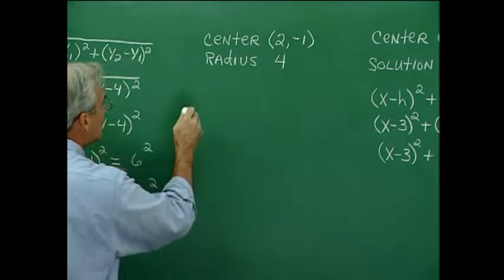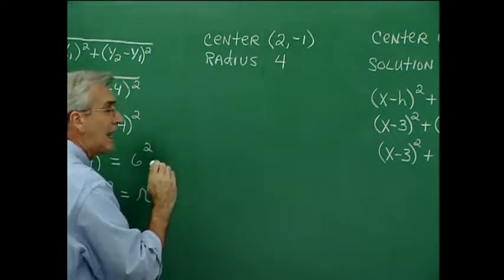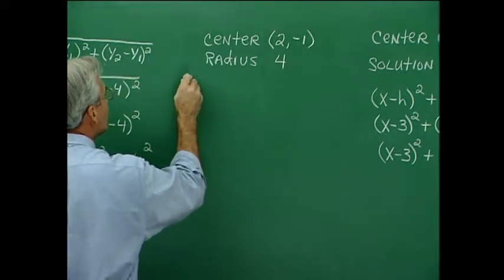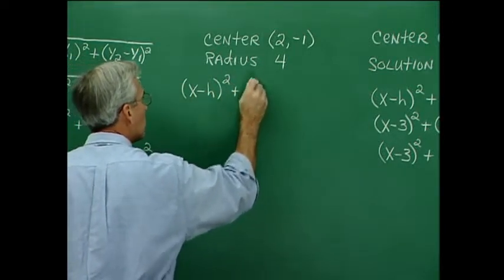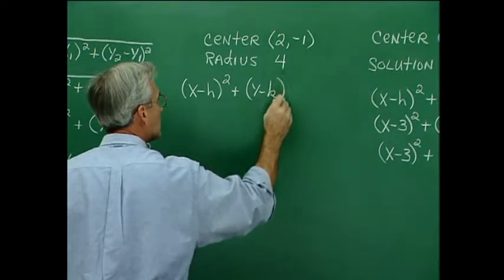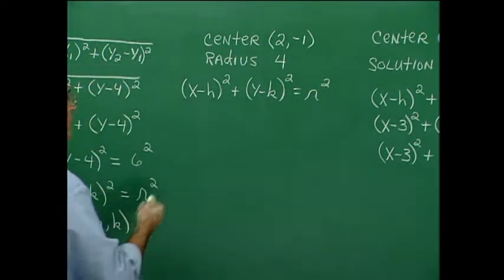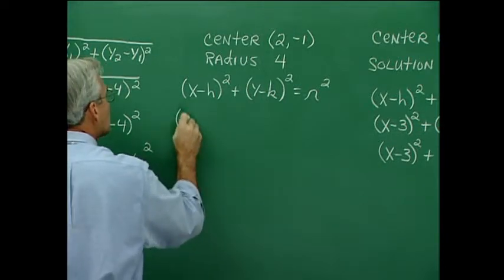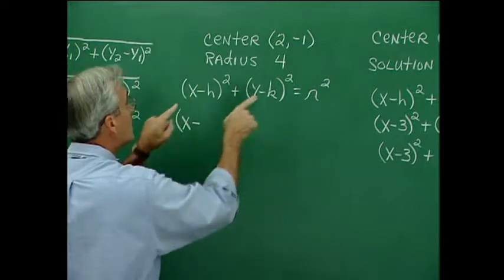Now, we start like this. We think, well, let's see, the equation of a circle has the form of x minus h squared plus y minus k squared equals r squared. And then fill in the information that we see. Well, we see x minus the h and k, coordinates of the center.